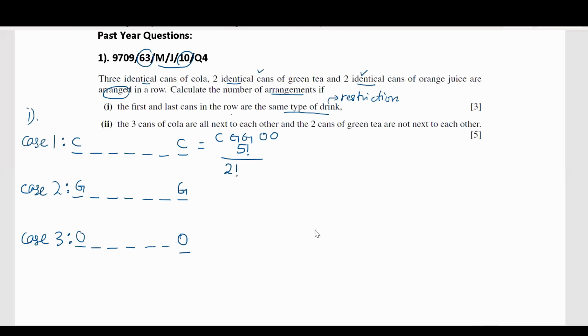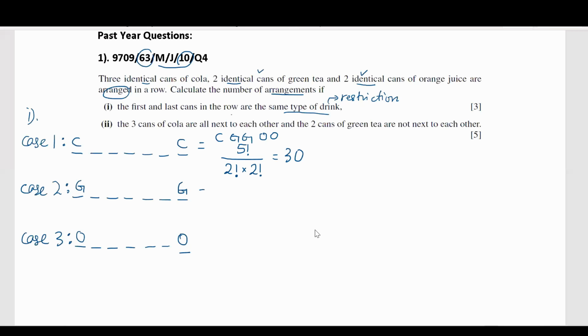So we divide by 2 factorial to get rid of the repeated ways caused by these 2 identical green teas. And at the same time, we also need to get rid of the repeated ways caused by the 2 orange juices. All right, using the calculator, we will find the number of ways to be 30.